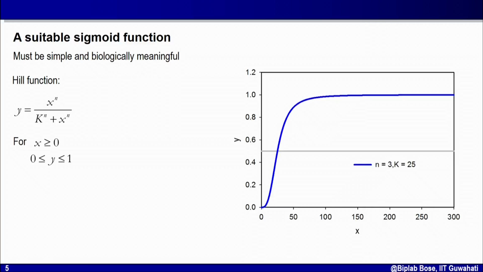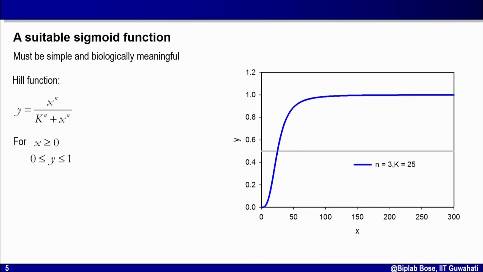Now remember, you can write many different sigmoidal functions mathematically. You can imagine and write a function which will have sigmoidal input-output behavior. But we have to choose a function which will be sigmoidal in behavior, at the same time should be very simple and has some biological meaning.